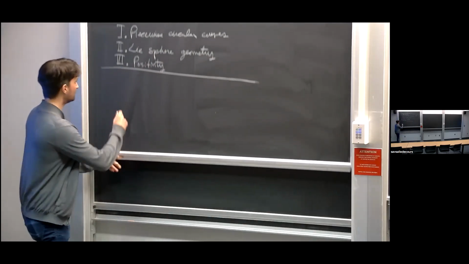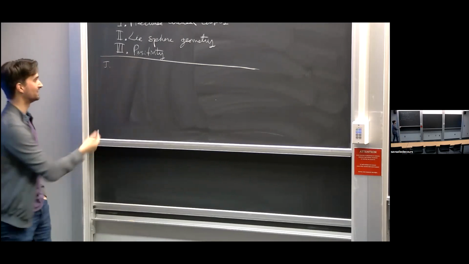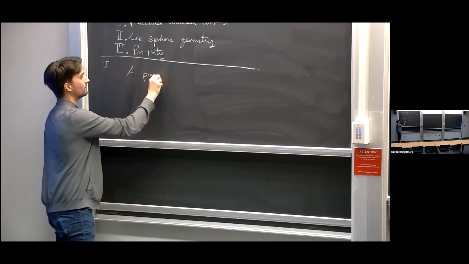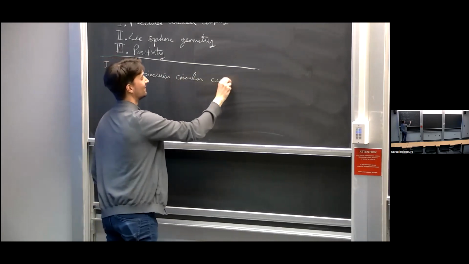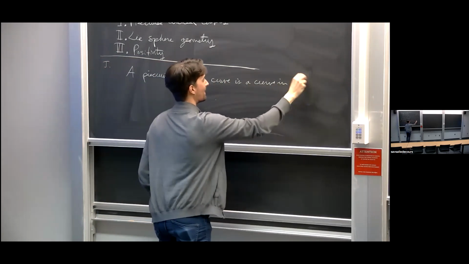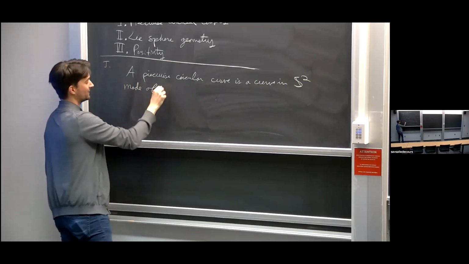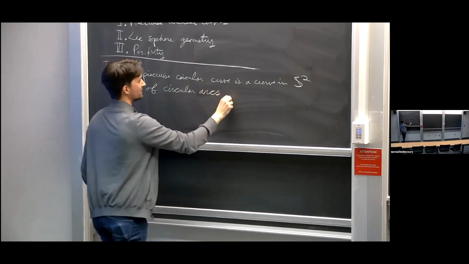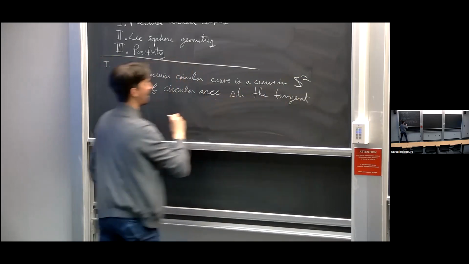Okay. So the first part, what's a piecewise circular curve? It's what you expect. So it's a curve in S2 made of circular arcs, so piecewise circular arcs, such that the tangent lines at the vertices agree.